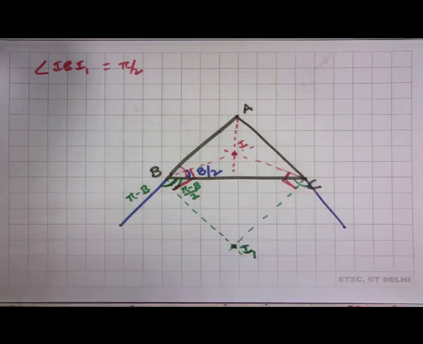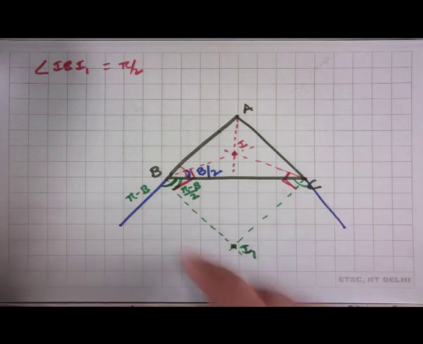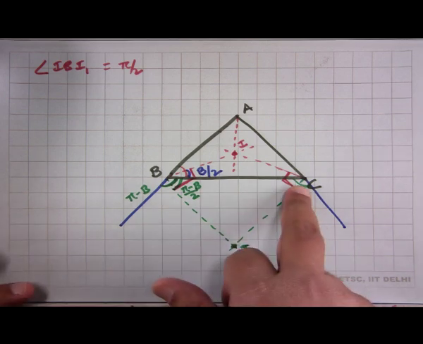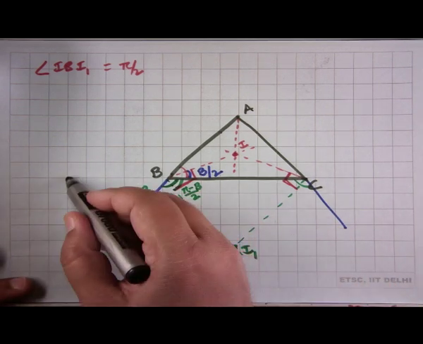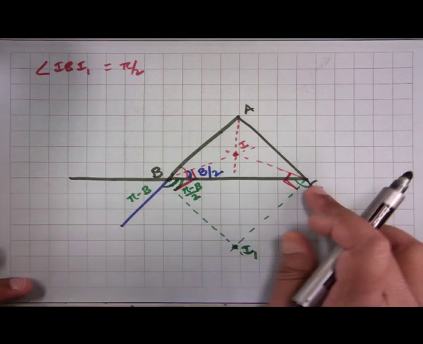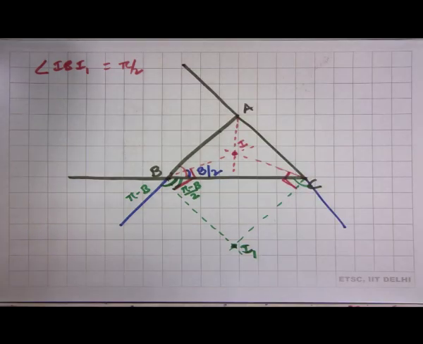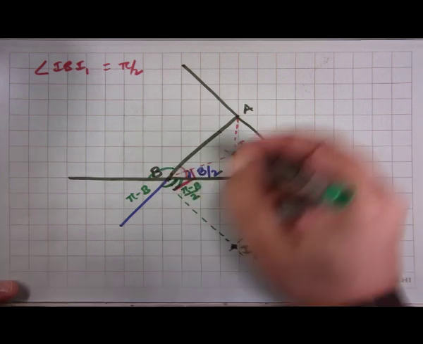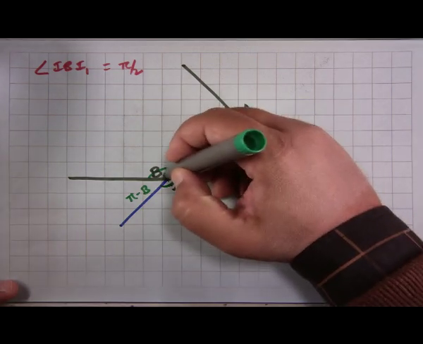In a similar manner, just as we did for the escribed circle opposite to angle A, we can also construct the escribed circle opposite to this angle C. So for that, we just have to extend this side CB further and also the side CA further, and then just like what we did here, we have to consider these two angles, and we will have to make the angular bisector.